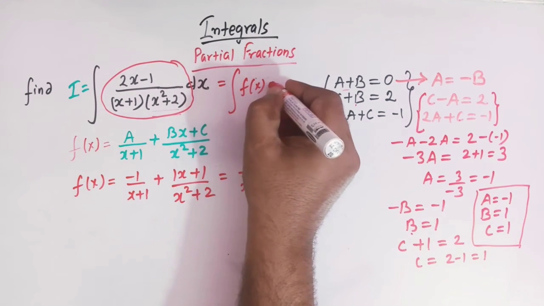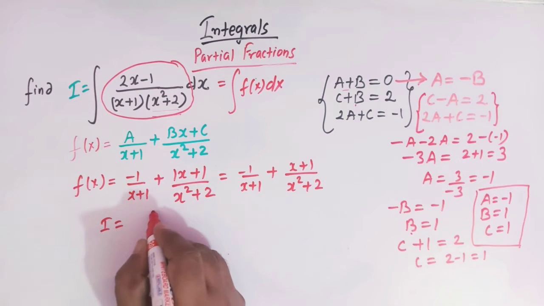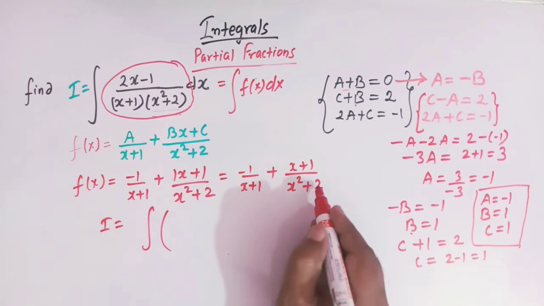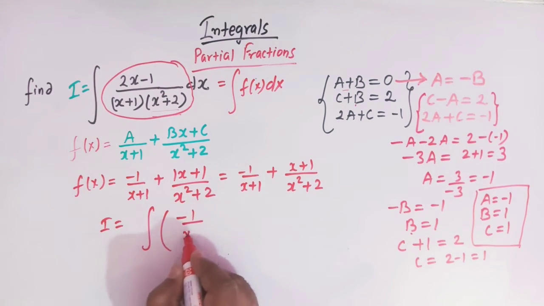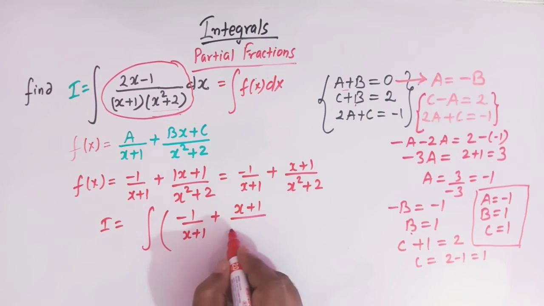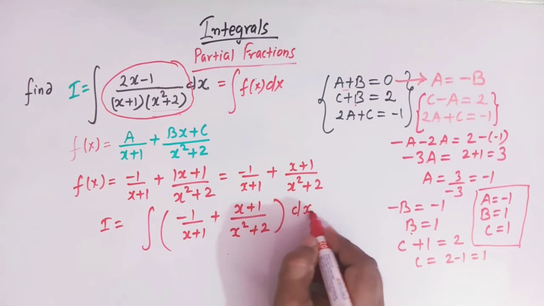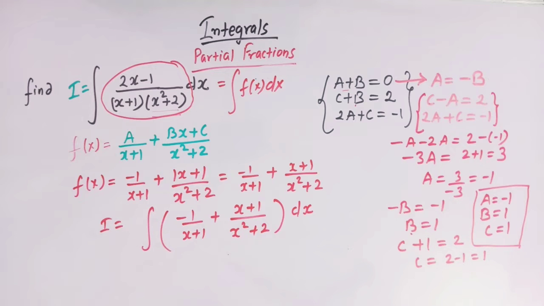of f of x dx, right? So now I can be written as integral of this expression, that is minus 1 over x plus 1, then we have x plus 1 over x square plus 2, and here we have dx, right?